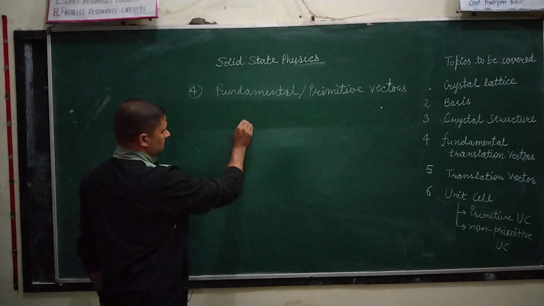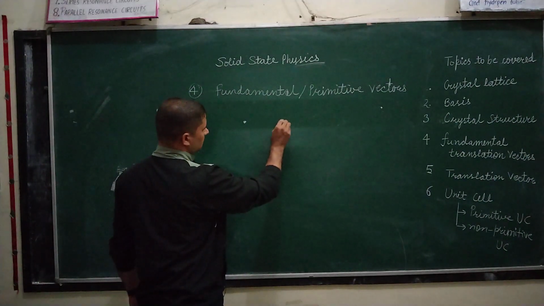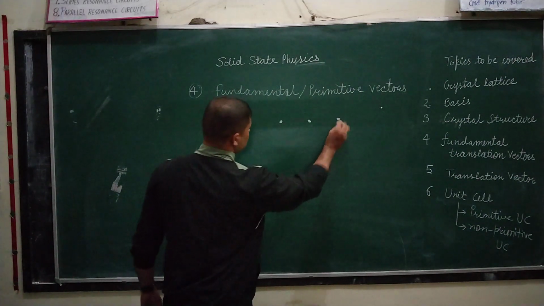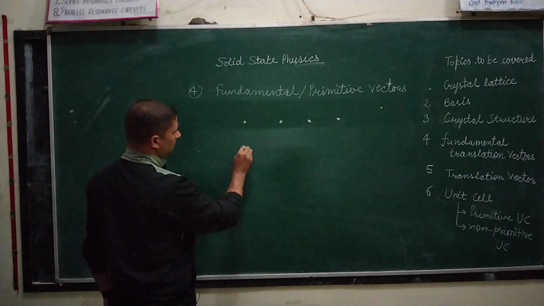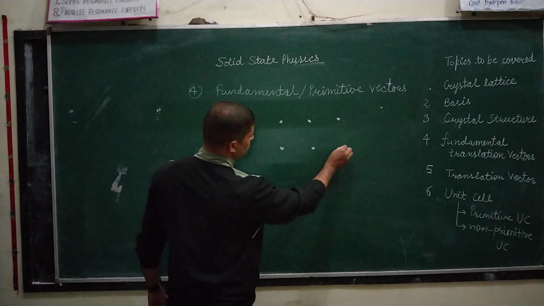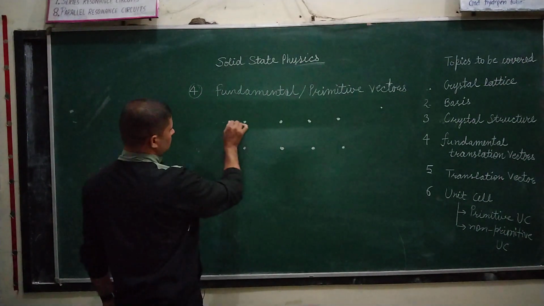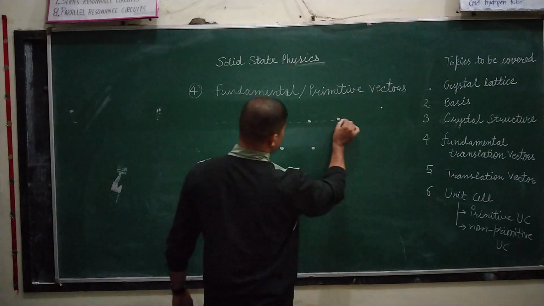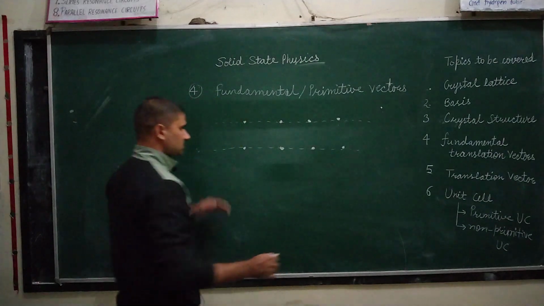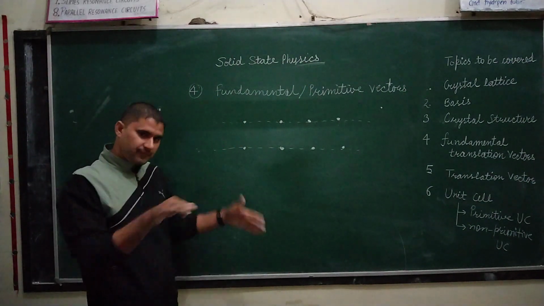So we have here the locations where particles are present. It forms a crystal structure. So to have an idea of the primitive vectors, you will see that this is a direction in which particles are present. This is another direction in which the arrangement of particles is definite.